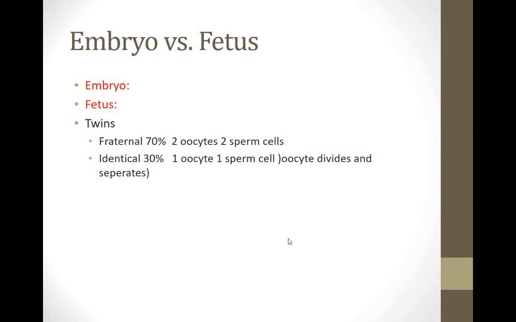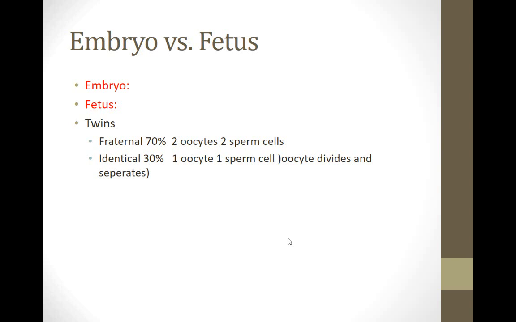Where identical is 30%, and this is where one oocyte or one egg is released and one sperm unites with it, but then they eventually split, and they start forming 2 different embryos and eventually 2 different fetuses, but their DNA is the same because they came from the same DNA pool, from the same egg and sperm that split, if you will. A little hard to describe on audio here, but hopefully that makes a little sense.